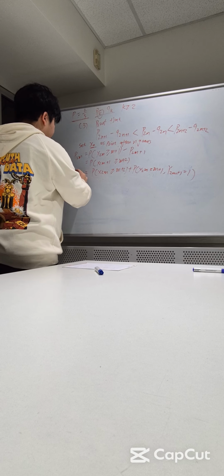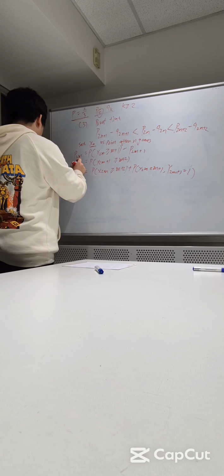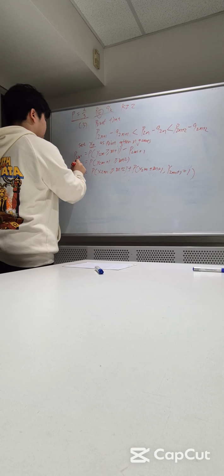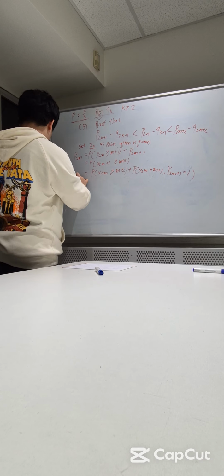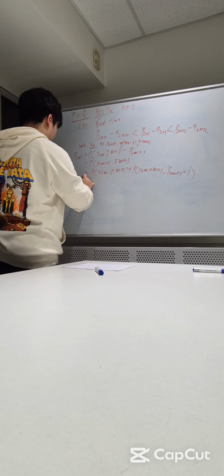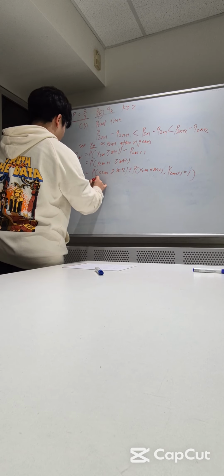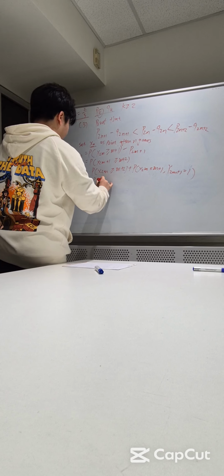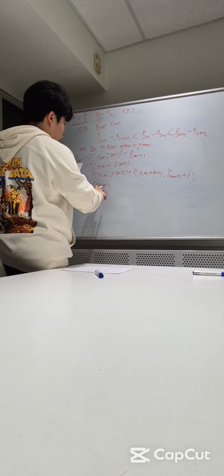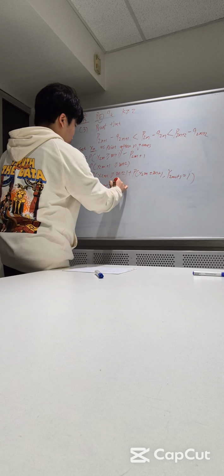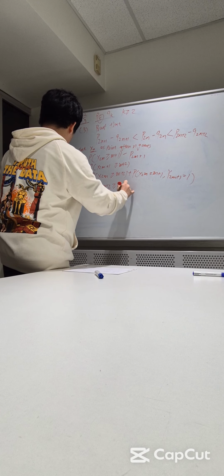And then from that we can get p to m plus 2 equal to the probability of x to 2m plus 2 greater than or equal to m plus 2.